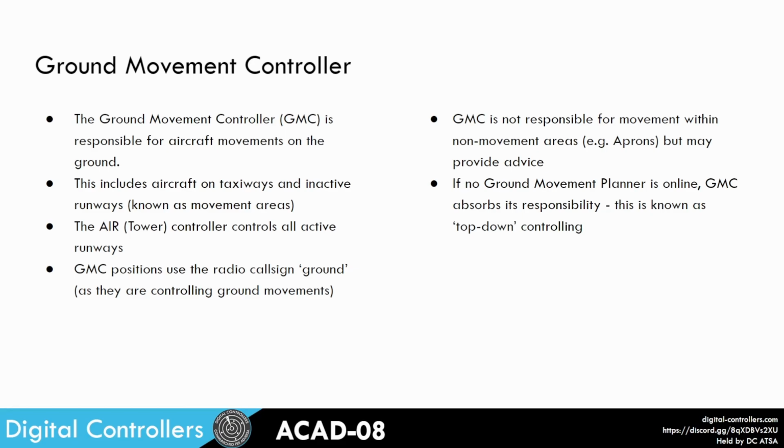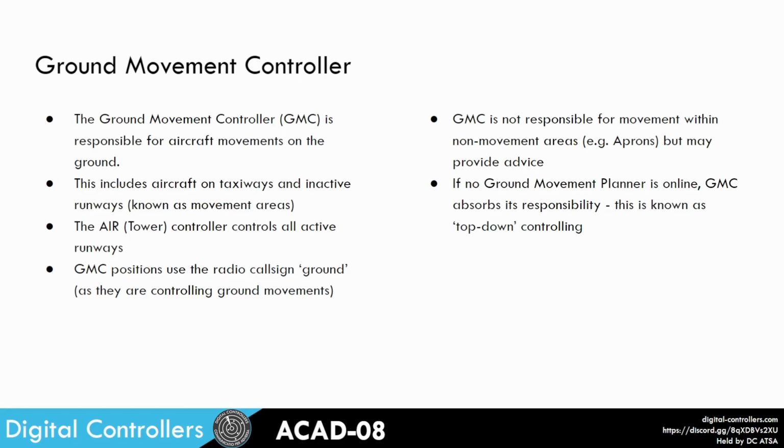These taxiways and inactive runways, or taxiways and runways more generally, are often known as movement areas. However, GMC is not responsible for aircraft movements within what we term non-movement areas, for example aprons, but they may provide advice within these.